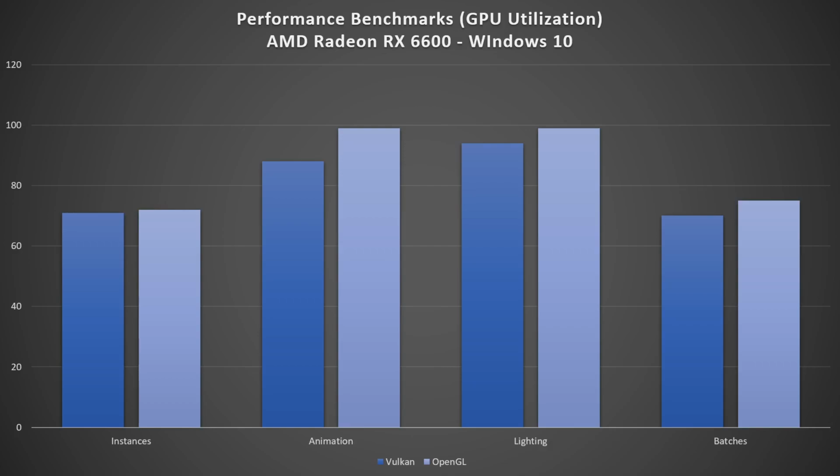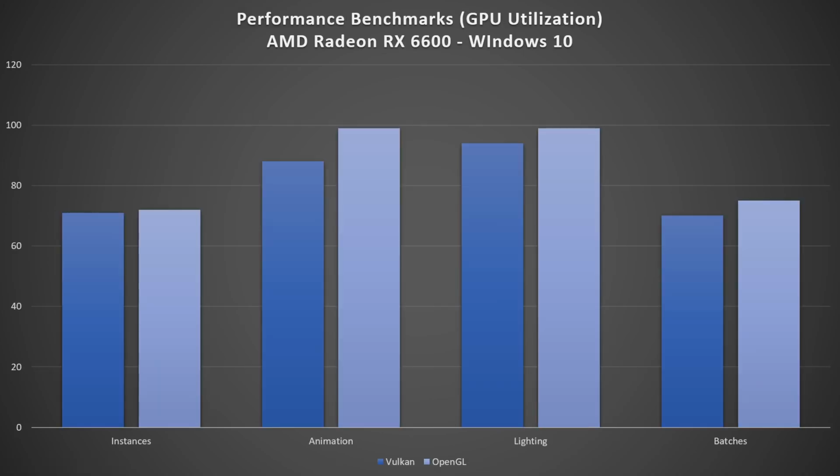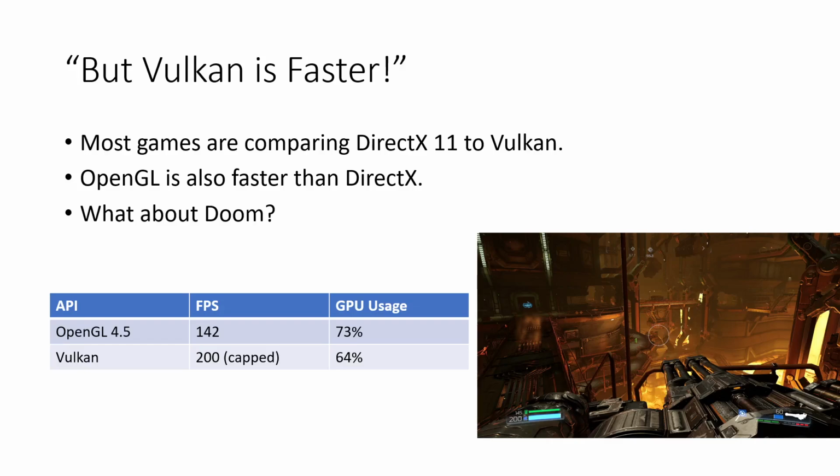But if you already have very high GPU utilization, like here in our animation benchmark, OpenGL has got 99% GPU utilization. Same with lighting. That is absolutely perfect. If you have that, Vulkan isn't going to do anything for you, because all it does is allow you to spread that load over multiple threads. That's my working theory right now. I don't know for sure.